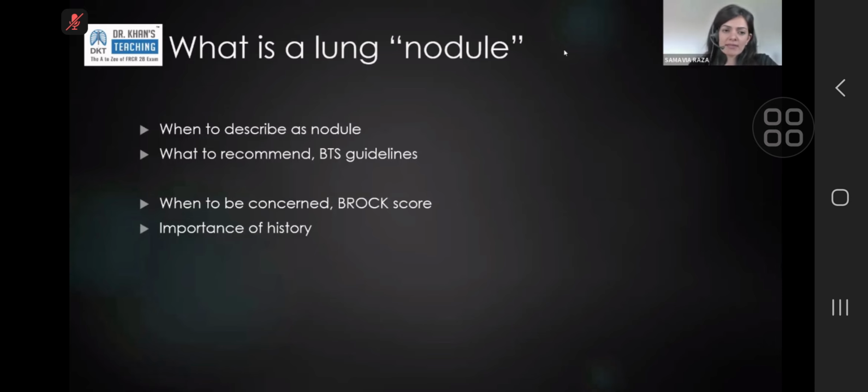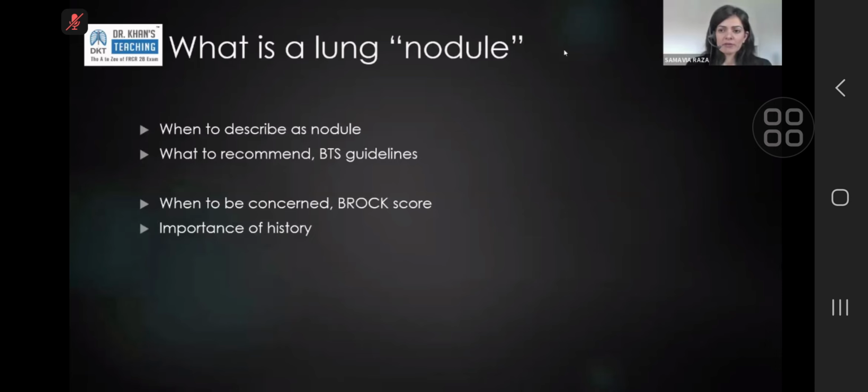There are very specific guidelines to follow, and they are very easily accessible on the internet, no matter where you are in the world. For the UK, these guidelines are from the British Thoracic Society. They were developed, I think, in 2015, and they are still the ones we follow. They clearly describe what to do with the initial presentation of a lung nodule and what to do on a follow-up scan.